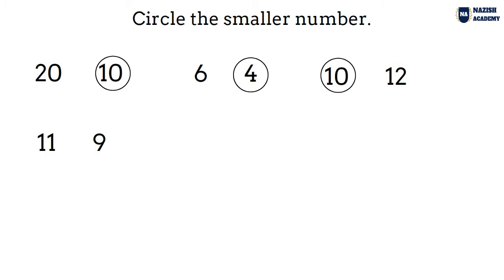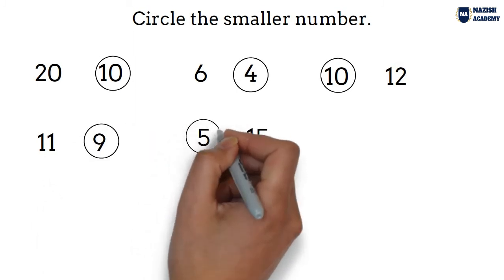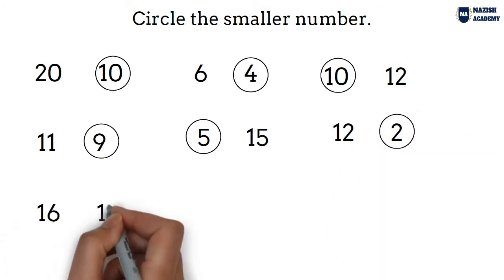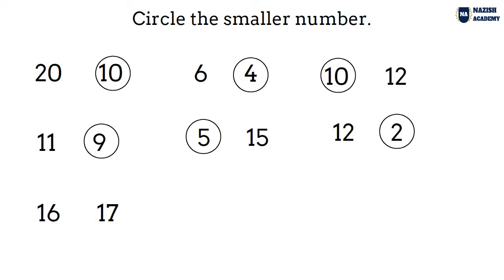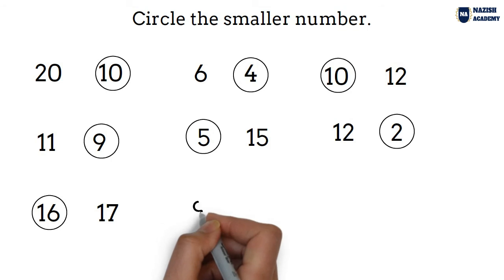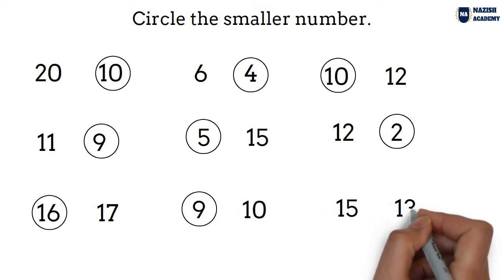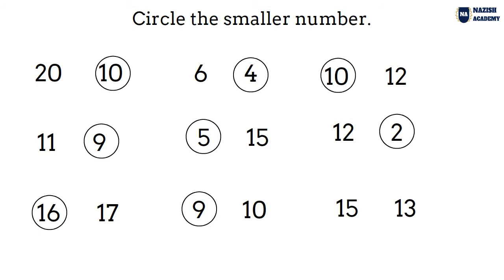Which is smaller? 9. 5 is smaller. 12 and 2. 2. 16 and 17. 16 is smaller. And next 9 and 10. 9. Next 15, 13. Which is smaller? Yes, 13.